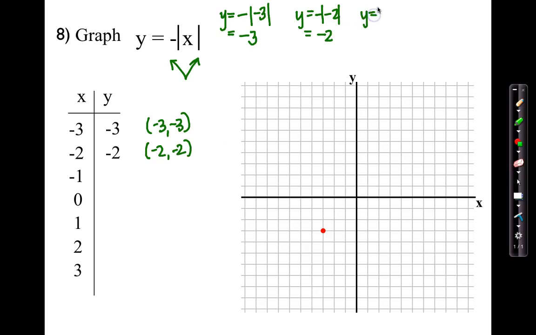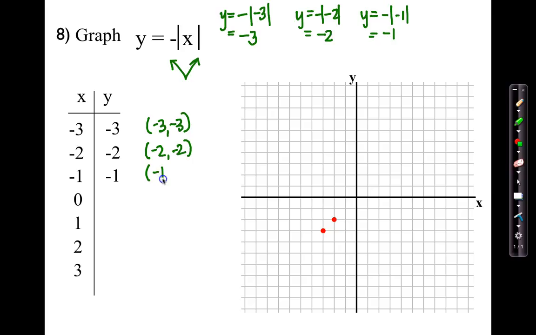Y equals, whoops, let's erase this. Y equals the opposite of the absolute value of -1. The absolute value of -1 is 1. Take the opposite of that, and that'd be -1.